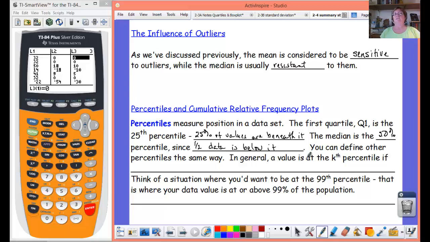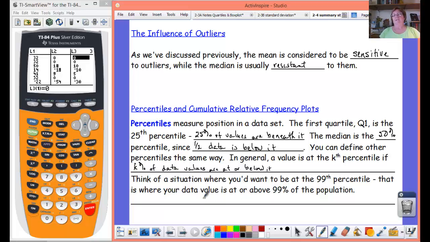In general, a value is considered to be at the kth percentile if k% of the data values are at or below it.